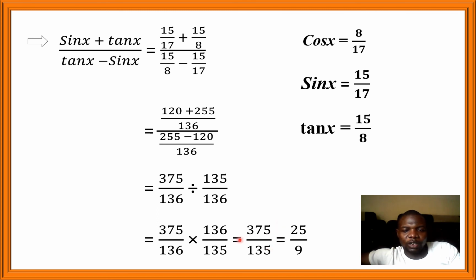When we simplify, 375 over 135 will be equal to 25 over 9 in the simplest form. That is, when we divide 375 by 15, we get 25, and 135 by 15, we get 9.